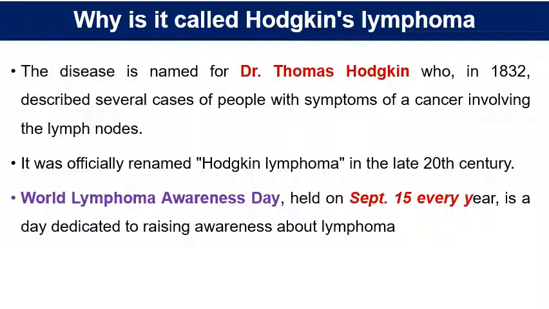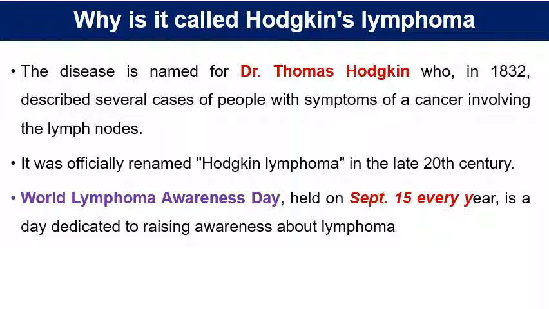So when you hear or read about this disease condition, Hodgkin's lymphoma, the name sometimes makes people think harder about the disease than it actually is. It is named for Dr. Thomas Hodgkin, who in 1832 described several cases of people with the symptoms of a cancer involving the lymph nodes.